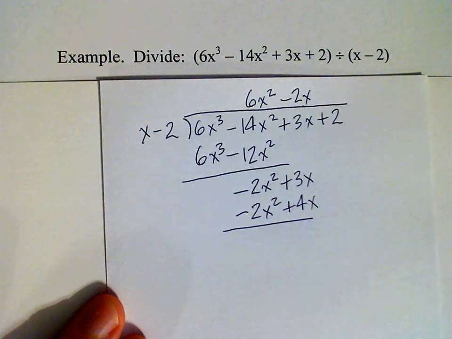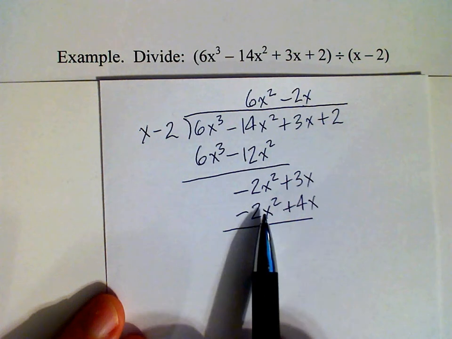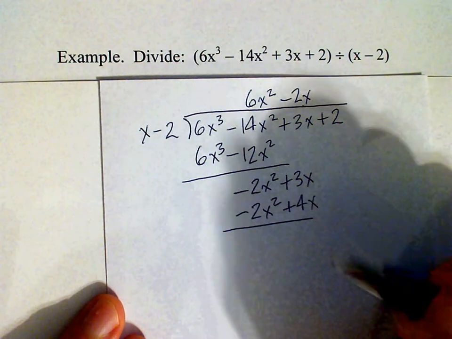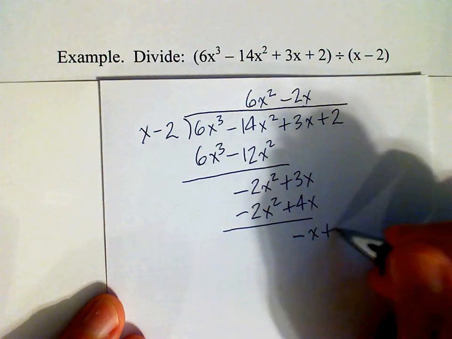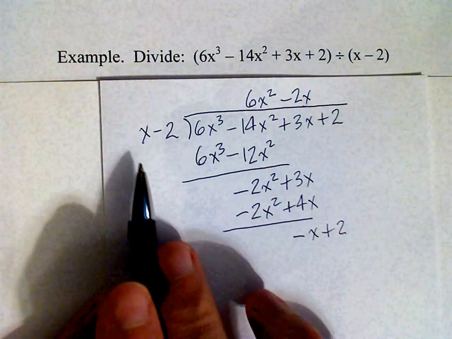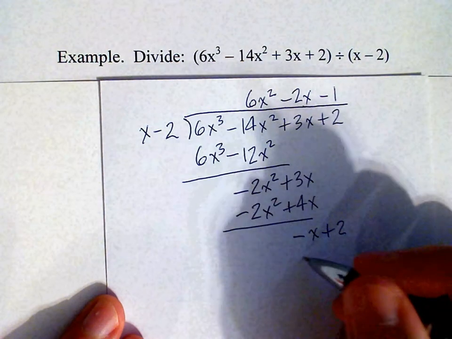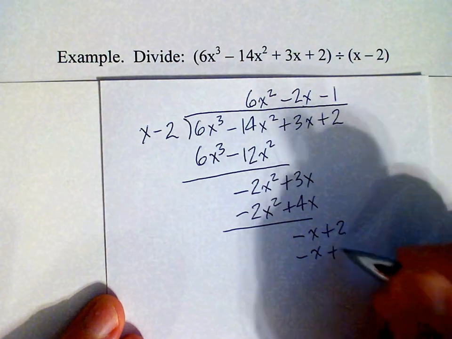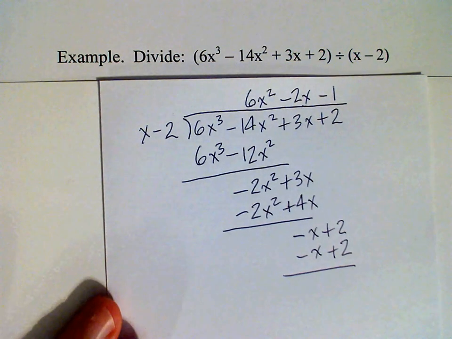Okay, we subtract. First term goes away, as it must. And then 4x from 3x leaves a negative x. Bring down the 2. And then x into a negative x goes negative once. And in this particular case, the answer comes out exact, no remainder.